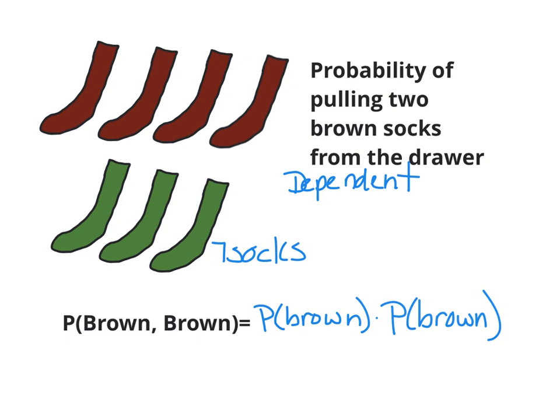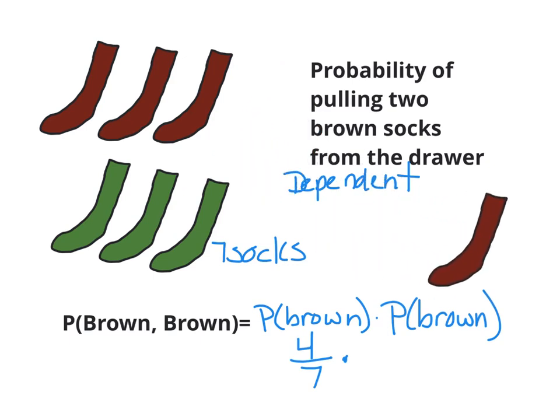Well, 4 of those socks currently are brown, and there are 7 total socks in the drawer. That's the first probability. And now, if we took that brown sock out of the drawer and left it out of the drawer, our next probability is going to be based on what remains in the drawer.